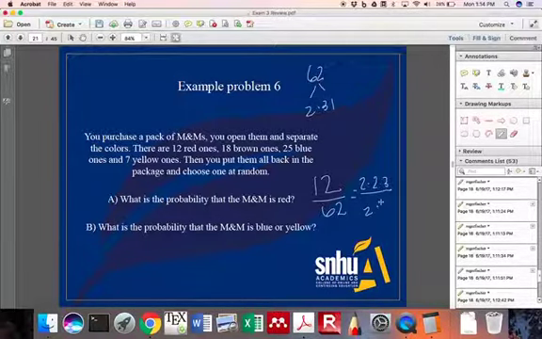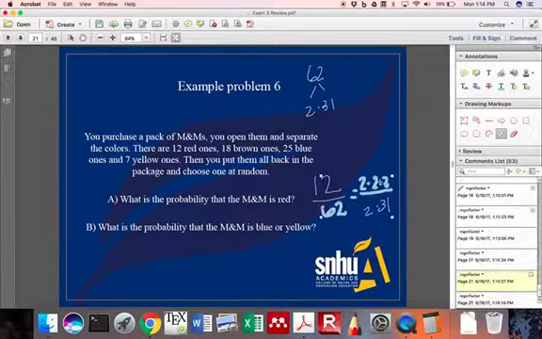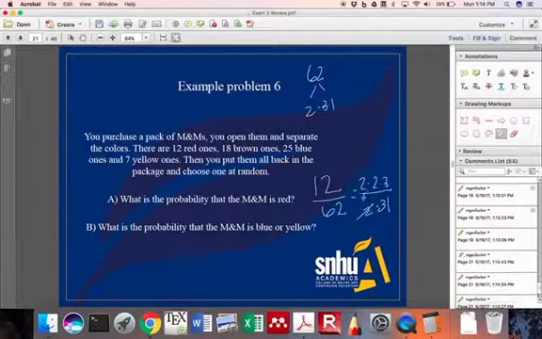This is another thing I really like about this factoring technique. I don't know if 31's prime. I think it is, but it doesn't matter because 31 doesn't divide into 2 or 3. So I'm done. 6 over 31.